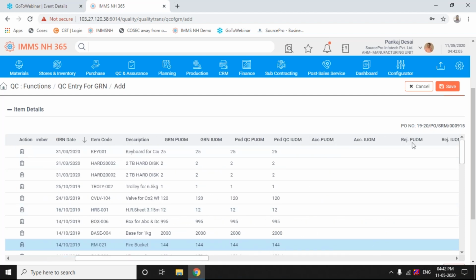As you would notice, which you may have noticed even earlier, right from purchase order time, we have said that we support on the stores and the purchase side two units of measurement, that is internal and purchase. So in order to facilitate the user, we are displaying the quantities in both units of measurement so that physically it can be counted.